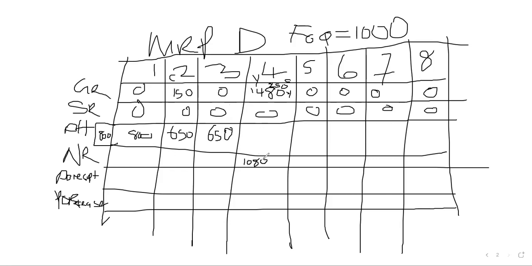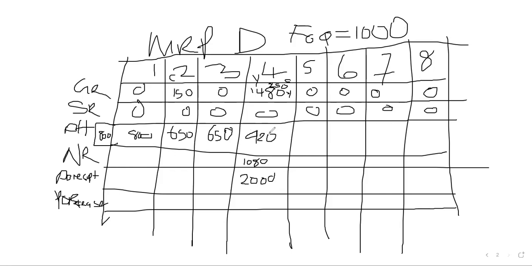So this 1,080 is a net requirement, but we are producing a fixed batch of 1,000. So one batch of 1,000 may not be enough. We're supposed to produce 2 batches of 1,000, which is 2,000, so that we can meet our net requirement. So we are going to remain with 920. So 920 will be our on hand.